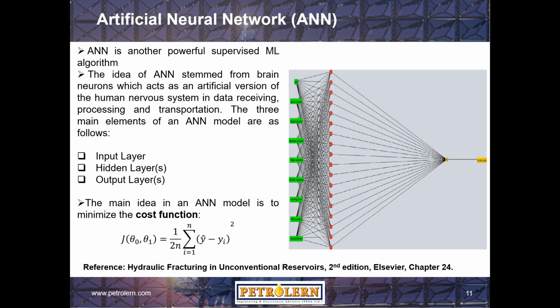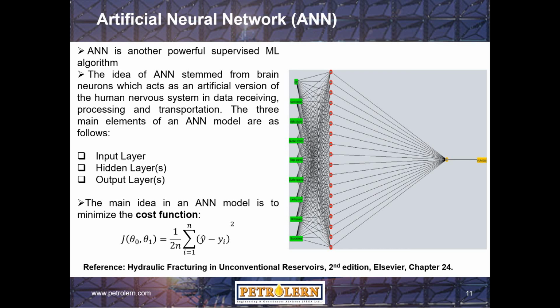But the idea in a support vector machine model, which is just a different type of machine learning algorithm, is to maximize a margin. And that margin is basically to maximize the difference between those support vectors that I showed you versus that separating hyperplane.